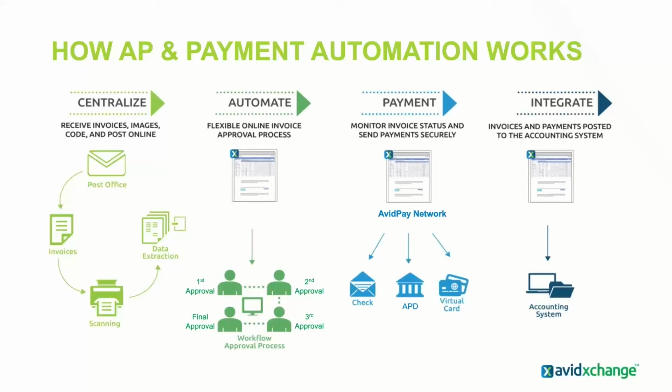And then again here, just to expand on what I just talked about, as you can see here, we're taking the post office out of the equation for you. We're getting that data. You're setting up your workflows. You're the one that knows what your policies are in terms of approvals and thresholds and those sorts of things. We're just setting it up in an automated fashion.